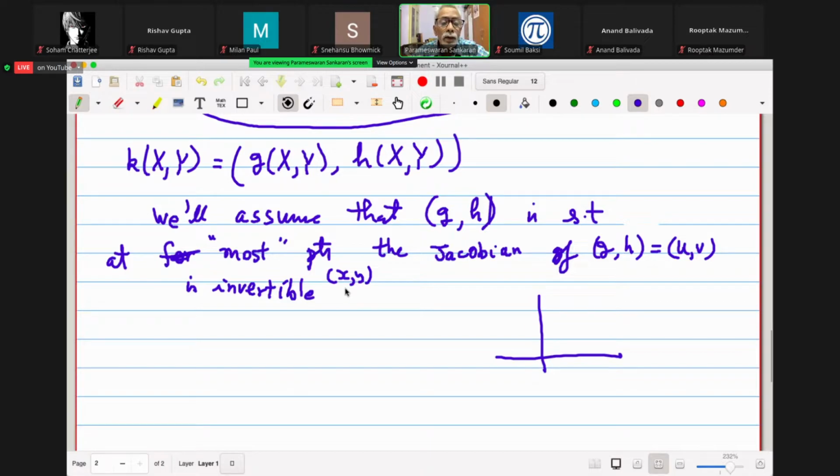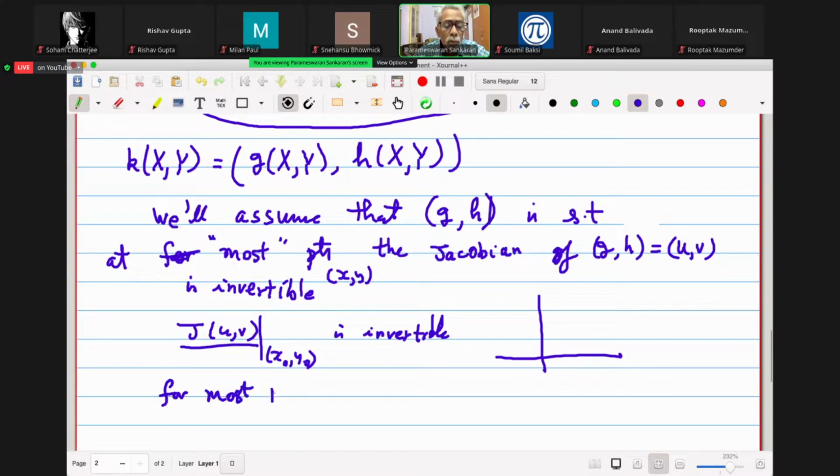And at most points, the Jacobian is invertible, meaning if you write the Jacobian of u comma v with respect to x comma y, and evaluate it at some point x naught, y naught, this is of course a matrix. This is an invertible matrix, for most points x naught, y naught.